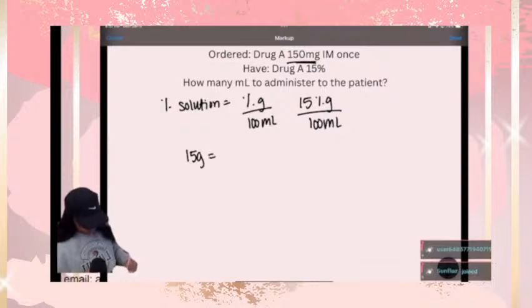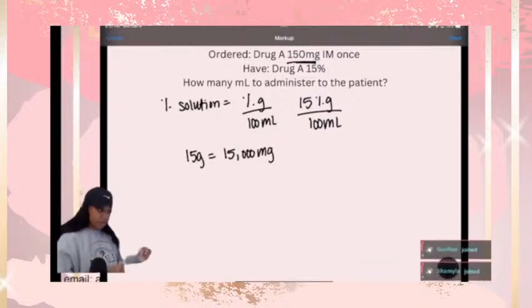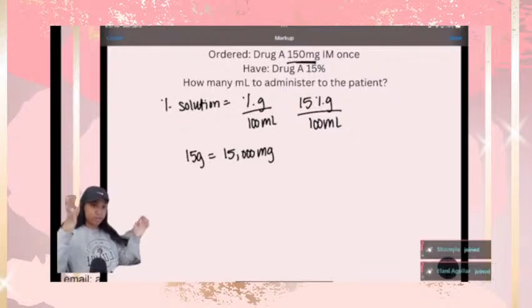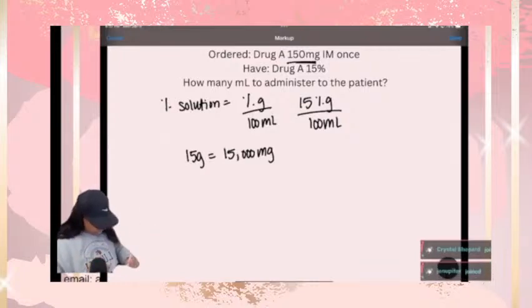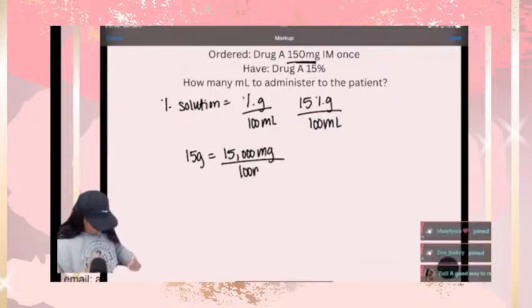15 grams is also 15,000 milligrams, is it not? Whether it's grams or milligrams, it's just a conversion. We're still in this 100 milliliters.